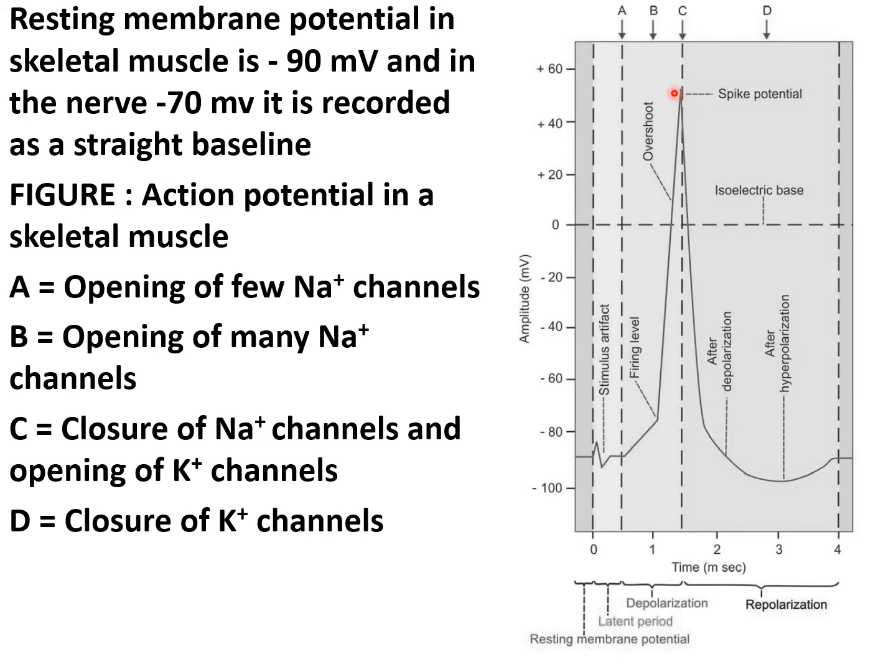There is a total closure of the sodium channels and the potassium channels start opening at point C, and at point D there is the closure of the potassium channels. So these are the several points that indicate the opening and closing of the channels.